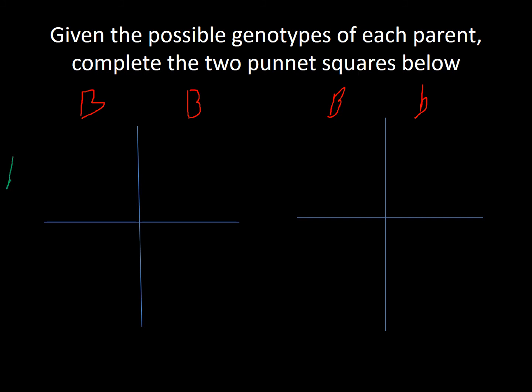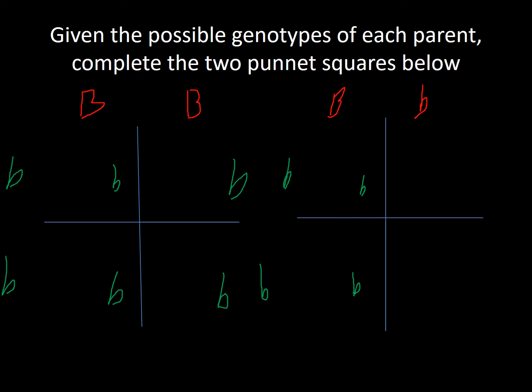We're going to do this in green. Little b, and we're going to do this on both of them right here. Now remember, since this is on the side, we're going to go across on all of them. Little b, little b, little b, little b. They all go across. Same on this one.